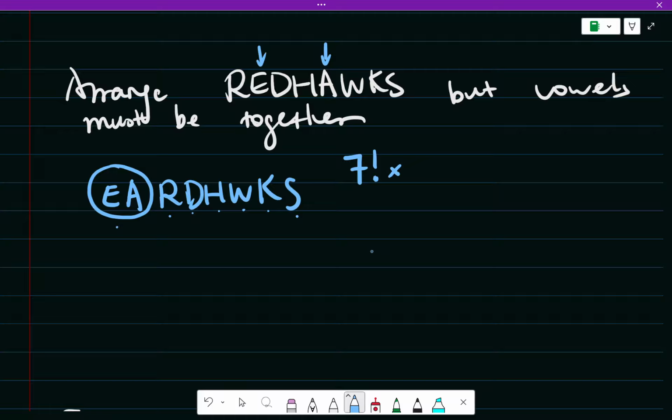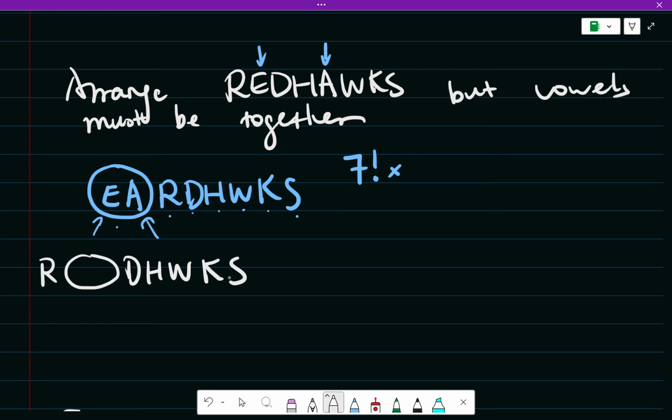And then we need to consider that for each possible permutation of these 7 items, the E and A within the bundle can also switch places, creating a new arrangement of the letters. For example, if we have R, the bundle, D, H, W, K, S, this is one of the many possible permutations that we can make. There are actually 2 possibilities for the bundle. We have EA or we have AE.